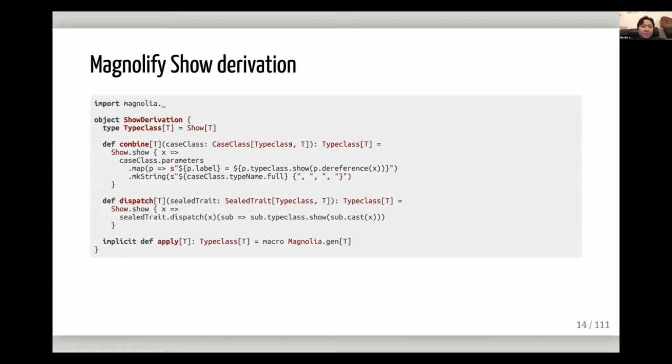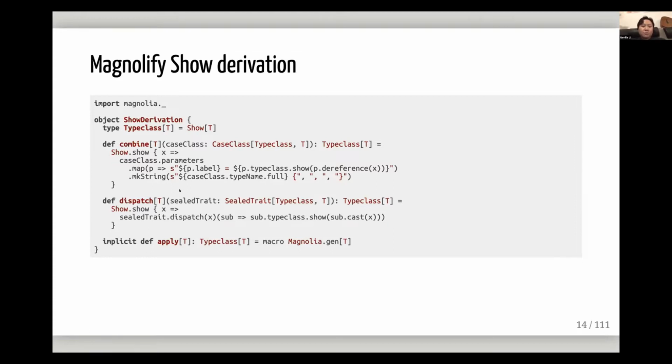Back to Show again, this is the Magnolia example of deriving Show using its API. Basically we start with the object ShowDerivation. First we alias the type class we want to derive to TypeClass[T], and the type class in question is Show. It has two methods, combine and dispatch. Combine is for combining the fields of a case class into a composed type class, and dispatch is for ADTs or sealed traits.